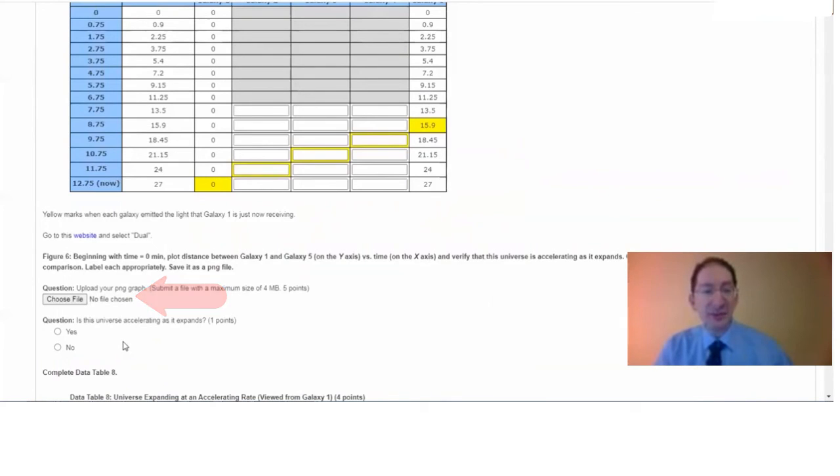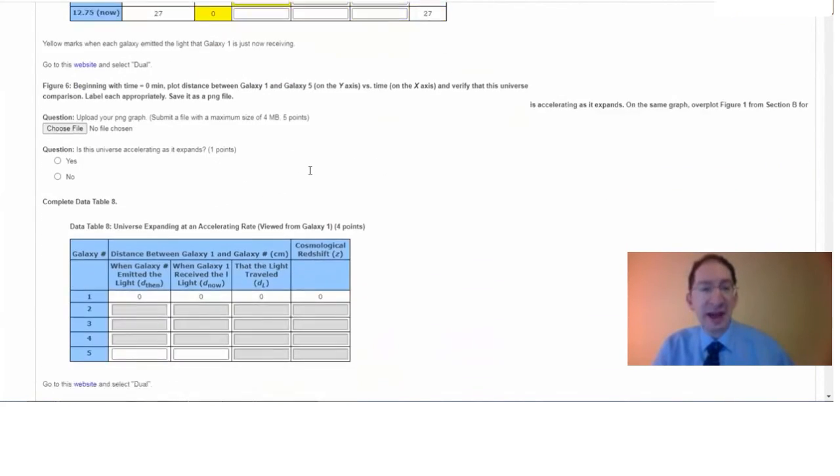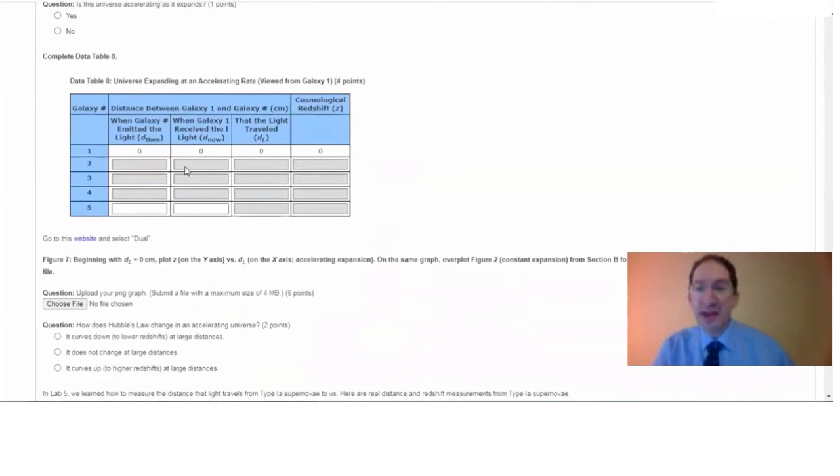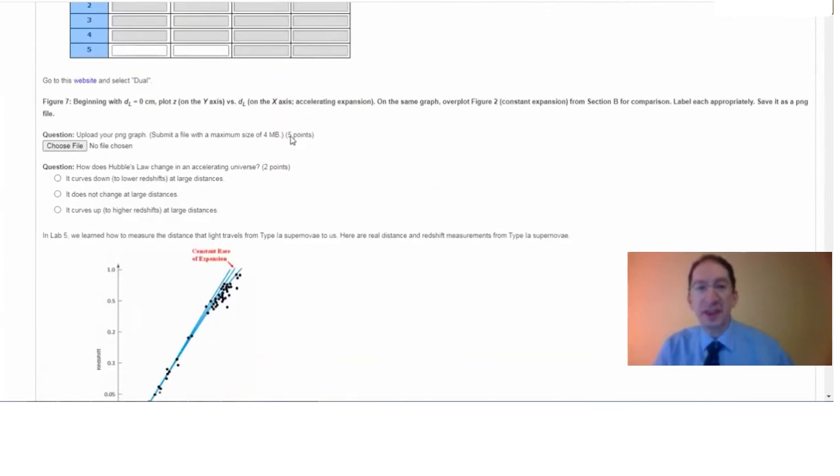And it asks you, is this universe accelerating as it expands? And then you'll take your d-thens and d-nows and move them down to this table and calculate the luminosity distances and the cosmological redshifts, and go back to the graphing website and plot Hubble's law in an accelerating universe.